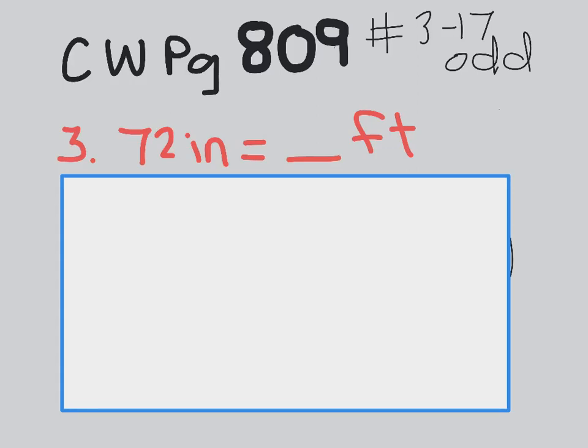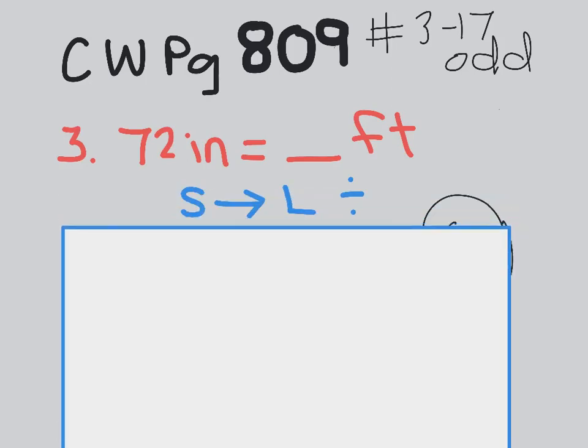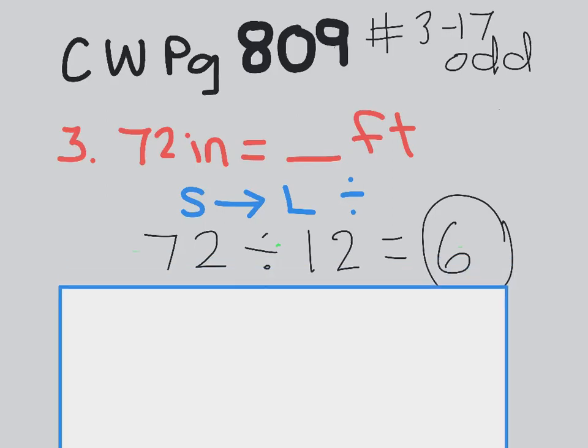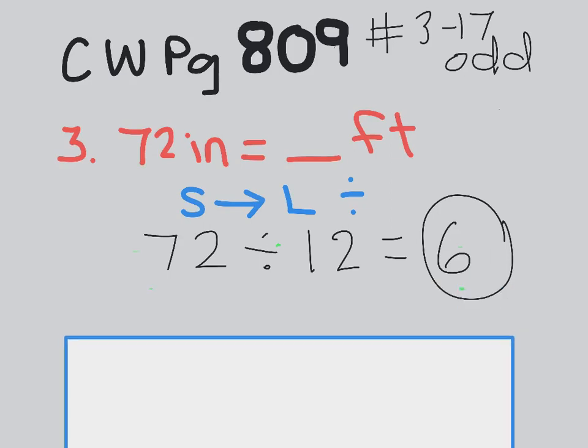The next thing I'm going to require you to write is S to L, because I'm going from a smaller unit to a larger one. And if I'm doing S to L, I know I am going to divide. And then I fill in the equation. I know there's 12 inches in a foot, so I do 72 divided by 12 equals 6. My answer is 6. So that's how I expect to see each of your questions for your classwork.